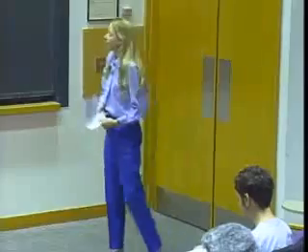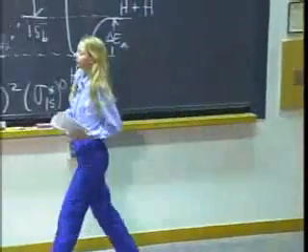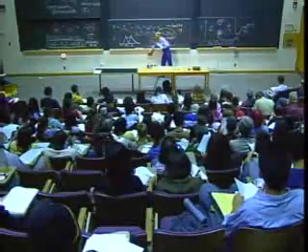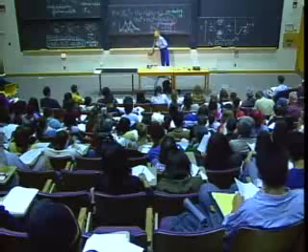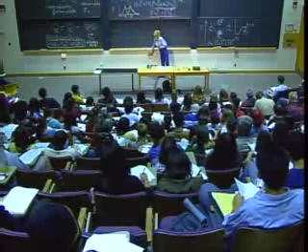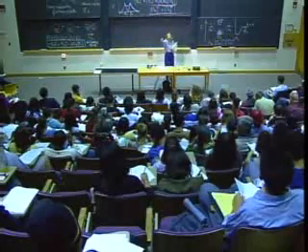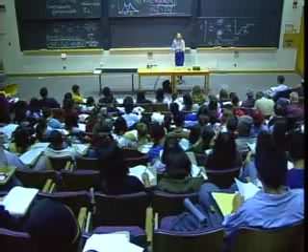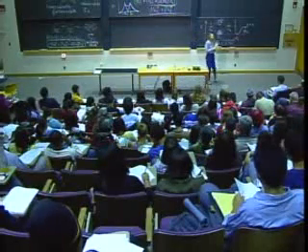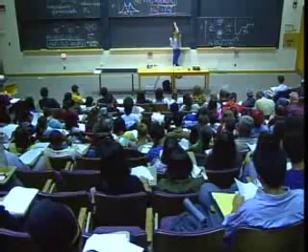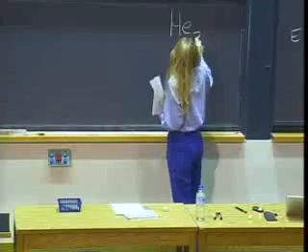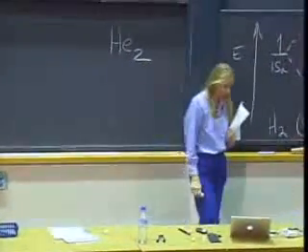Now what we're going to want to do is write the electron configuration for the next molecule as we walk across the periodic table. The next diatomic molecule is going to be He2, right?